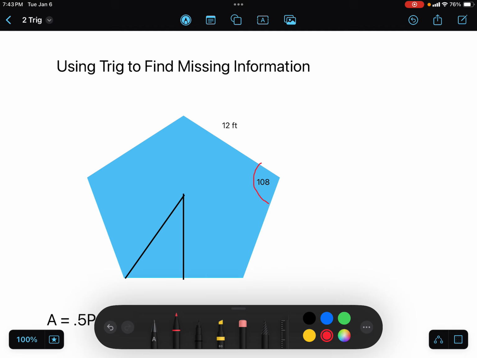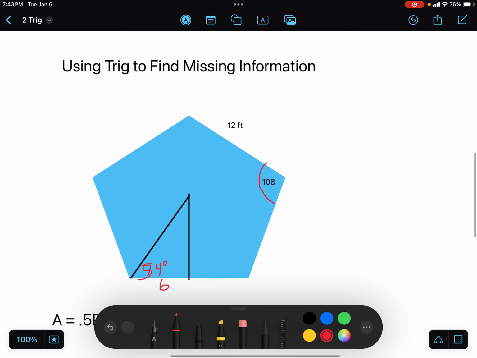So what that does, in similar fashion here, is that it makes this angle 54 degrees. Now, we know that this part here, again, is half the side length, so in this case it is 6, but we still need the apothem. And so here we need to use basic trig.